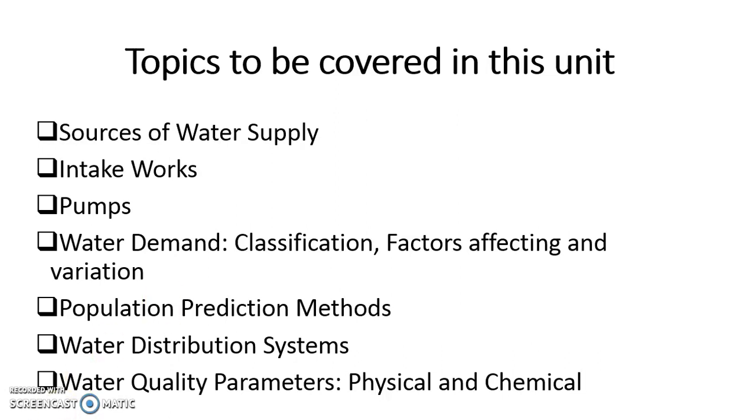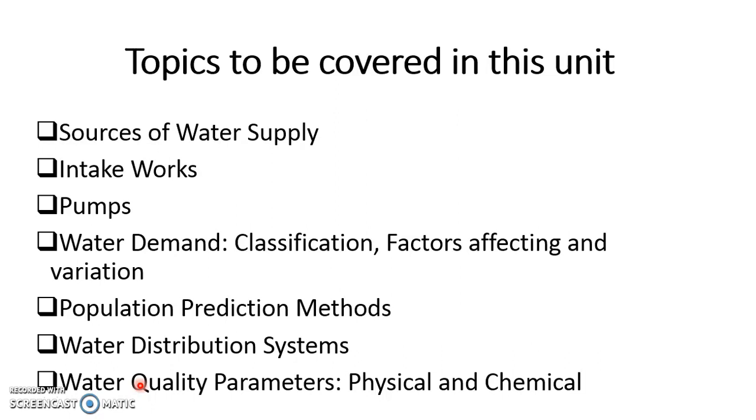Then lastly, we'll see the different water quality parameters. What are the different water quality parameters? Basically, when we talk of water quality parameters, there are two basic parameters. One is the physical parameter and the other one is the chemical parameter. Physical parameters, in layman's words, are those parameters which you can see with your naked eye.